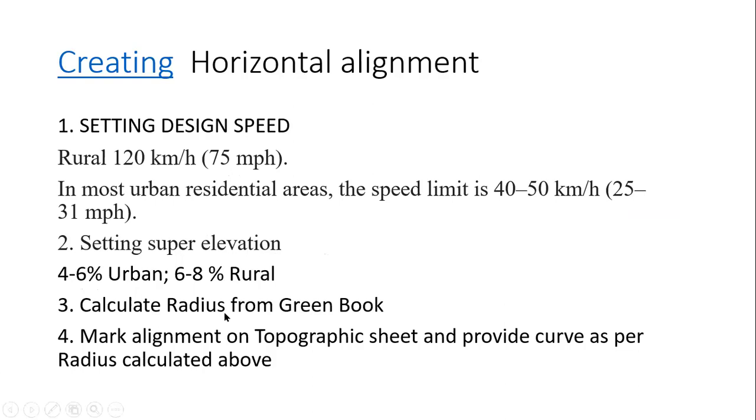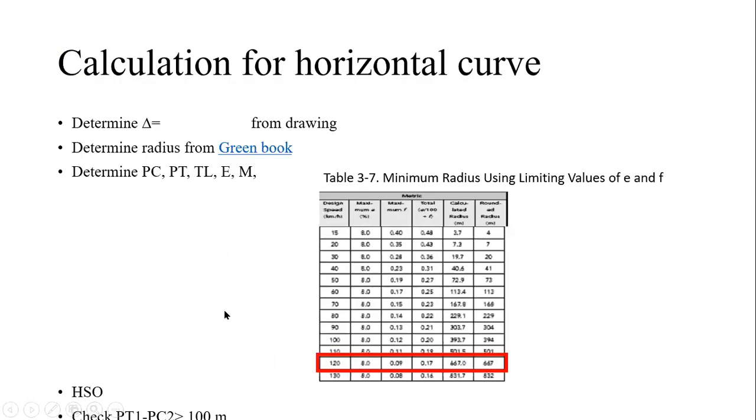The radius from the Green Book is, like from Table 3.7, for a 120 kilometers per hour speed and 8% super elevation, your radius will be 677 meters.